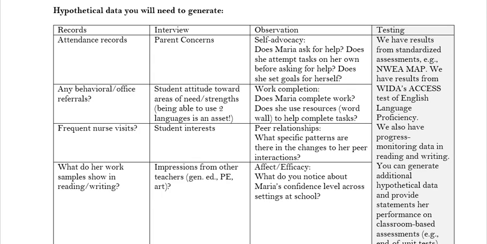Be sure to include any interests for Maria, any impressions from other teachers, and then think through what could you observe and what could you say about her self-advocacy skills, her work completion, peer relationships, affect, efficacy, confidence.